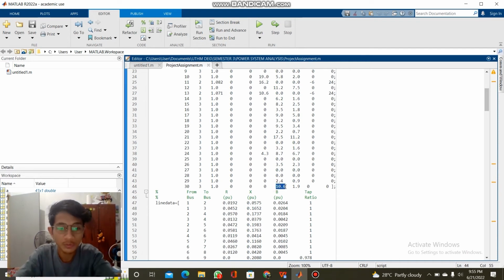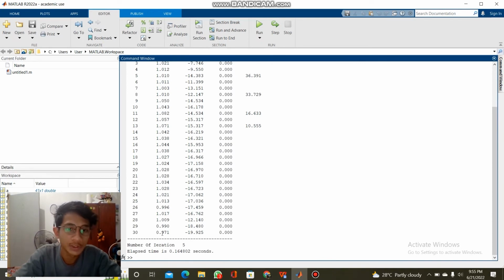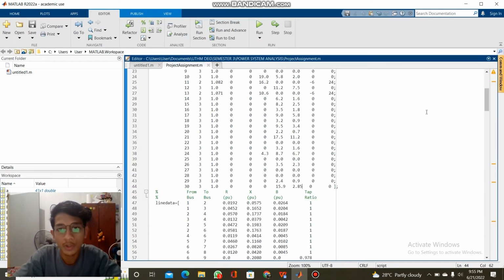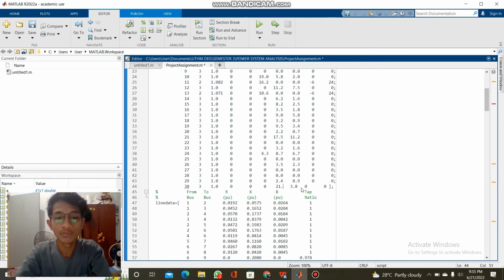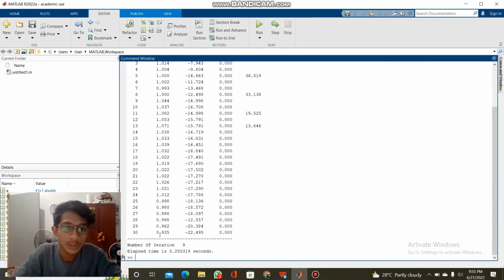So you see, run again, and we will see the voltage has changed and decreased to 0.971. Next, I increase 10% more, run again, so the voltage at bus 30 is 0.935.